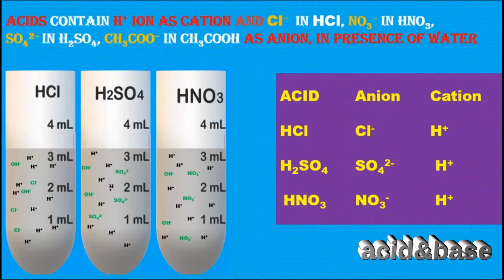Acids dissociate into hydrogen ions as cations and their respective anions in the presence of water. As an example, here we have hydrochloric acid, in which the anion is chloride; sulfuric acid, in which the anion is sulfate; nitric acid, in which the anion is nitrate; and CH3COOH, in which the anion is acetate.